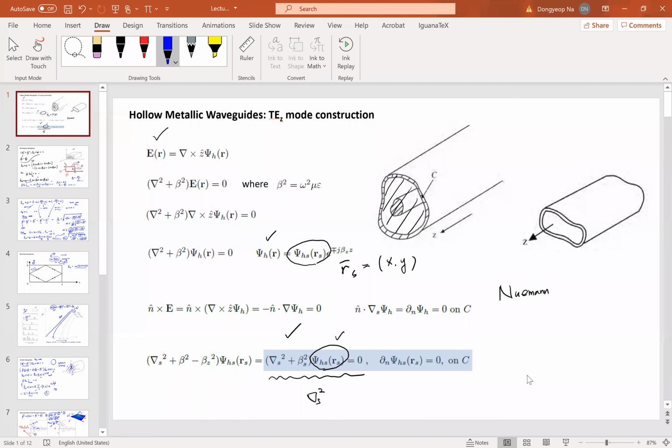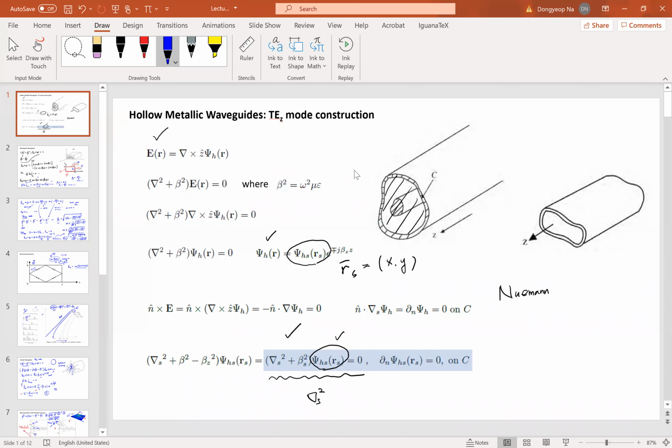So what we have done is to find the transverse field profile of the hollow metallic waveguide by solving the transverse Helmholtz wave equation with boundary conditions. There are two kinds of modes this hollow waveguide can support.